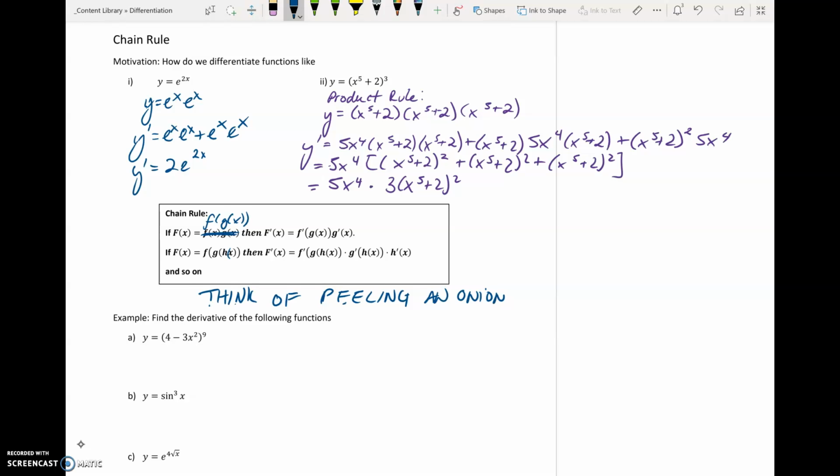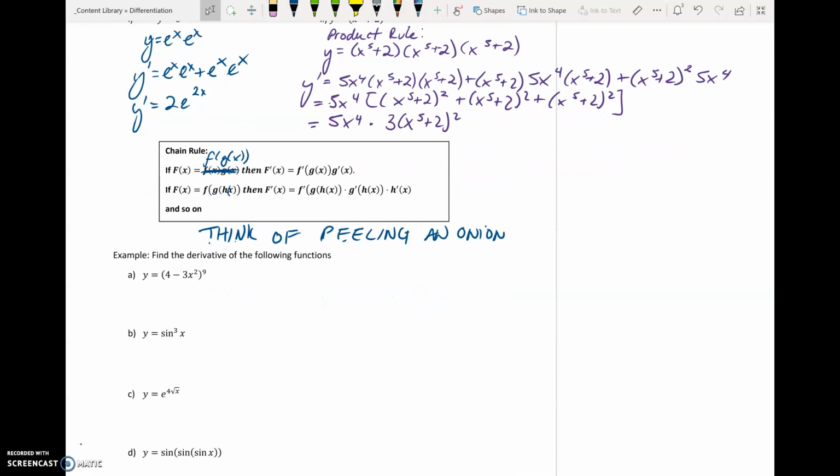Haha. So let's look at an example of actually how to do this. My outside function is going to be something to the power of 9. So I'm going to use my power rule first to do that. I'll bring down the 9, leave everything inside the bracket the same, and then subtract 1 from the exponent.